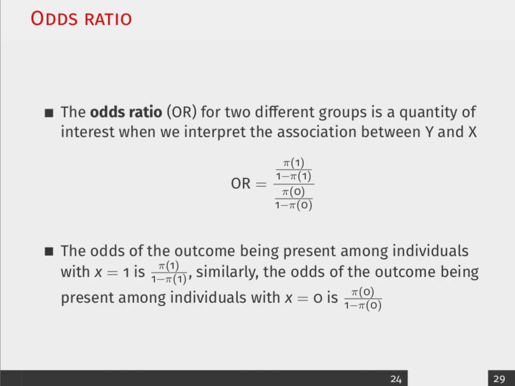And we can essentially just rewrite this as the odds of the outcome being present among individuals with x equals 1 compared to the odds of being present amongst individuals with x equal to 0. So this is essentially looking at a shift from x equals 0 to x equals 1, looking at the difference in odds ratios.